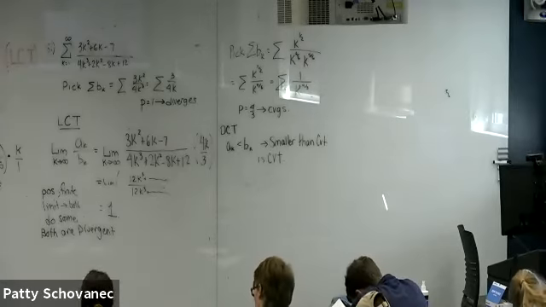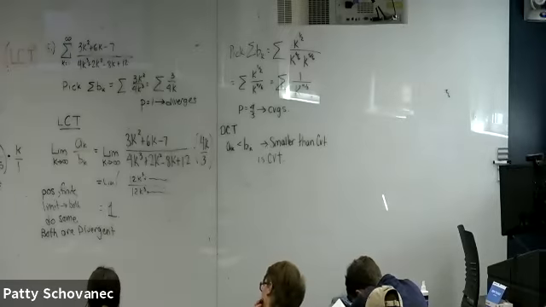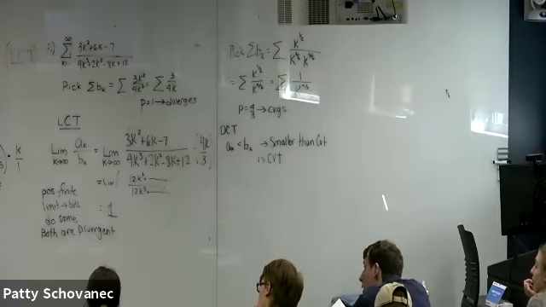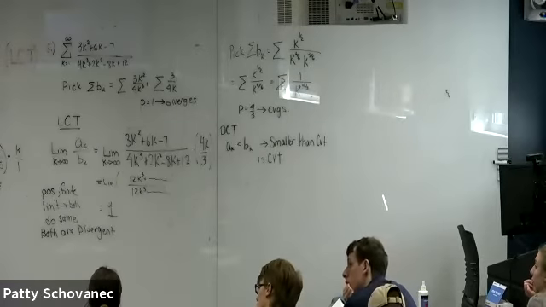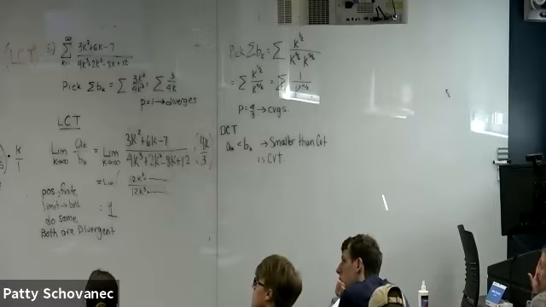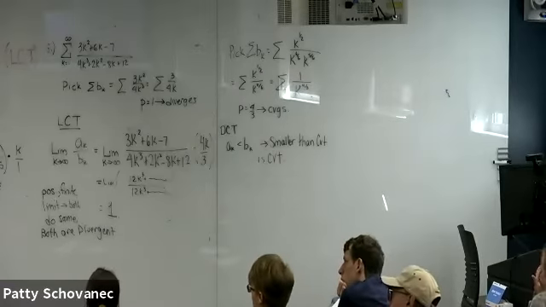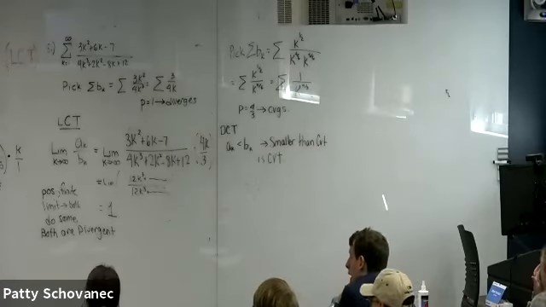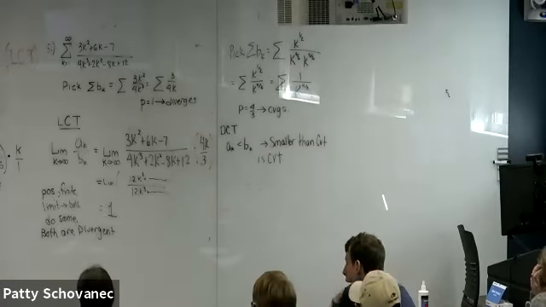Do you want to use a direct or limit comparison? Does it matter to you? Direct. I'd rather do the direct comparison test because the limit of cosine squared of k doesn't even exist. The limit comparison test isn't going to do us any good because that limit goes between 1 and -1. So we're going to do a direct comparison test.